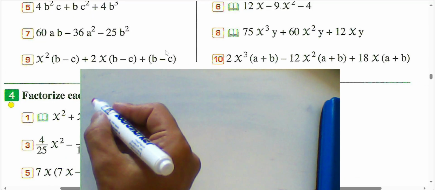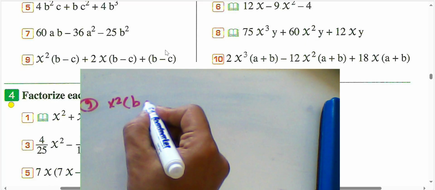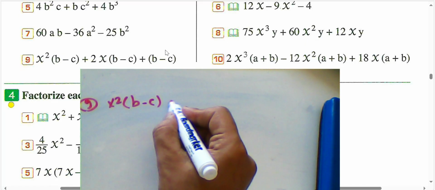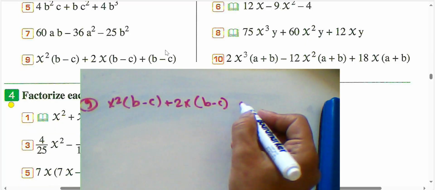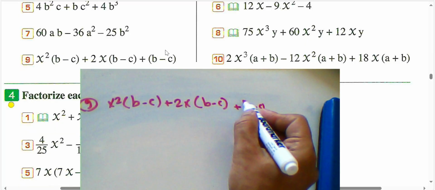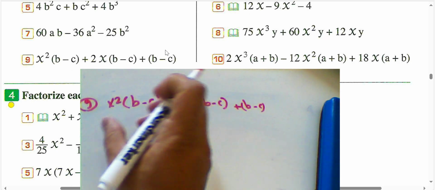Number 9. x^2(b - c) + 2x(b - c) + (b - c). We have 3 terms. We can write (b - c) as a common factor between the 3 terms.